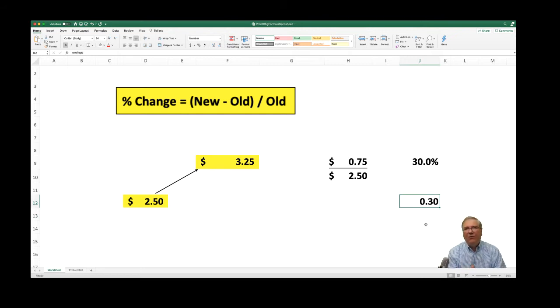But to convert 0.3 or 0.30 to a percentage, all you would have to do on paper would be to move your decimal point 2 places to the right and tack on the percentage symbol. So you'd end up with 30% in that case, or 30.0%. The same thing. So just remember, to convert a decimal into a percentage, all you do is shift the decimal point exactly 2 places to the right, and then tack on the percentage symbol.